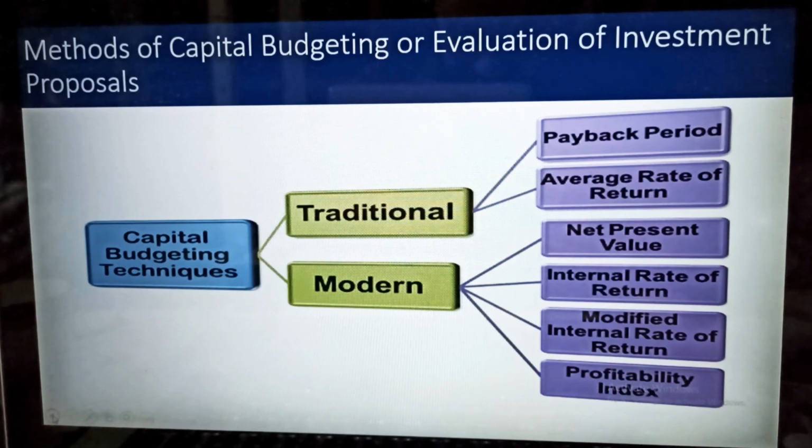This is the modern method of evaluating an investment proposal, and it takes into consideration, as I have told you, the time value of money. It attempts to calculate the return on investment by introducing the factor of time element, and it recognizes the fact that a rupee earned today is worth more than the same rupee earned tomorrow.